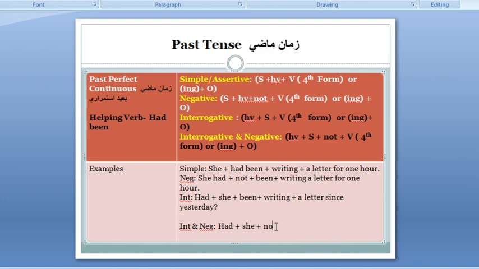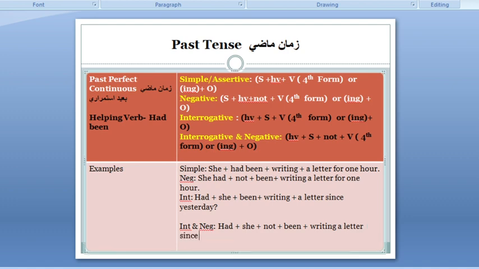Had she not been writing a letter since, I'll be using since again, yesterday.